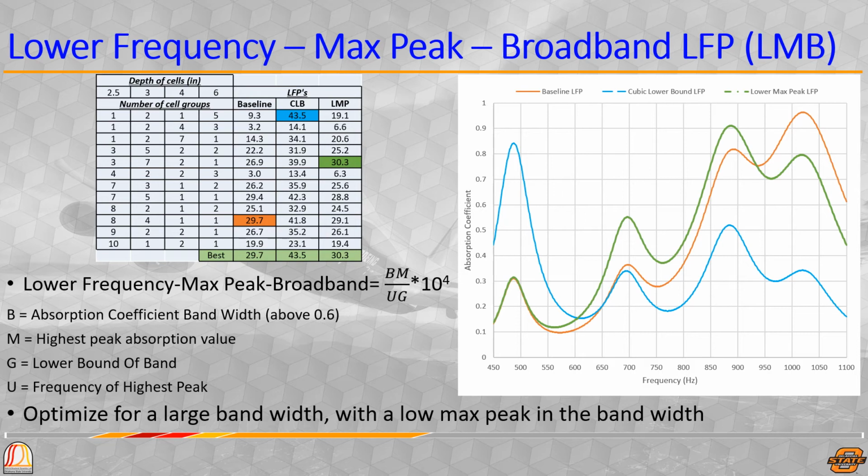The best liner from the list of 12 is the one that has three 2.5-inch resonators, seven 3-inch resonators, two 4-inch resonators, and one 6-inch resonator. This is again graphed against the best liners from the baseline LFP and the CLB. As you can see, the LMB has a broad bandwidth with a high peak at the lower end of its bandwidth.